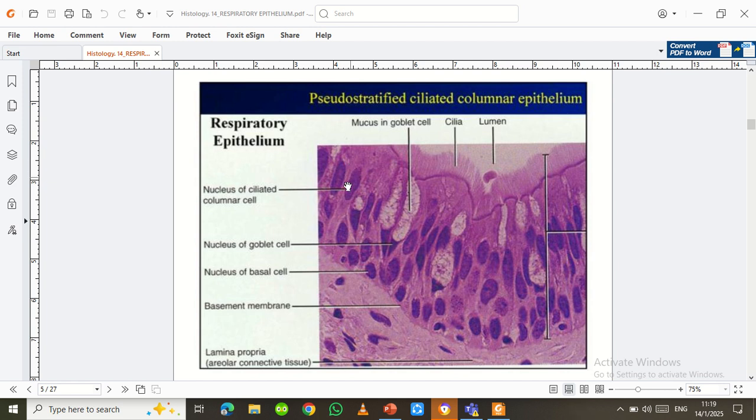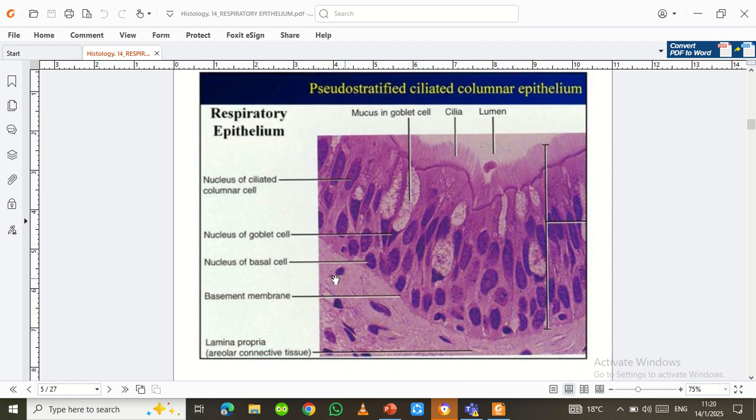You can see that all the cells are attaching to the basal membrane, though the levels of orientation of the nuclei differ. You can appreciate goblet cells intercepting the epithelium, secreting mucus.